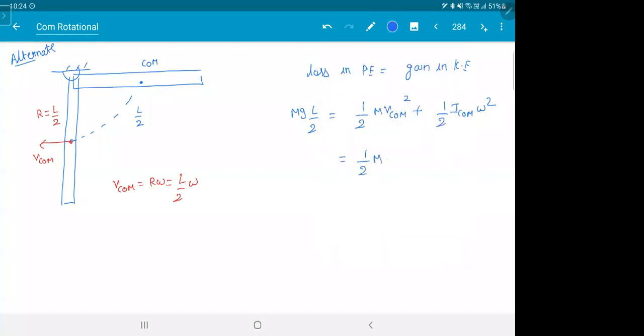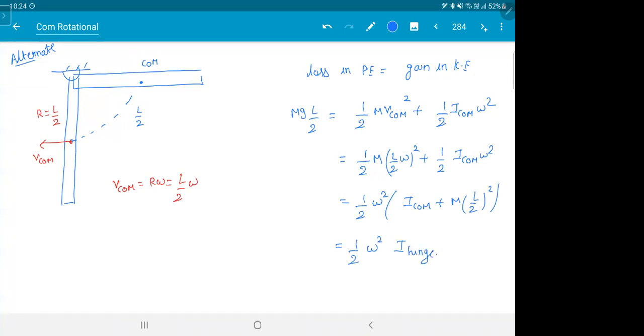Half m (L by 2 omega) whole square plus half Icom omega square. Take out half omega square common. You end up with Icom plus m into (L by 2) square. Can you see parallel axis theorem? That is I hinge only, no? Icom plus this perpendicular distance will give you I hinge. Agreed?